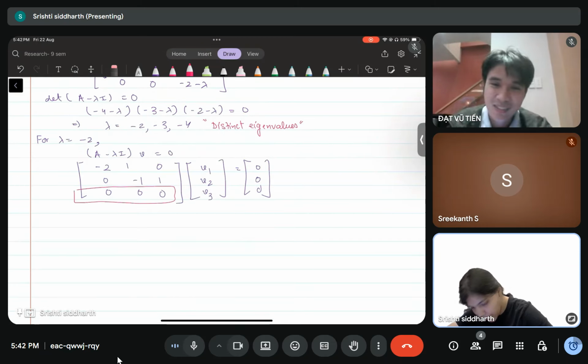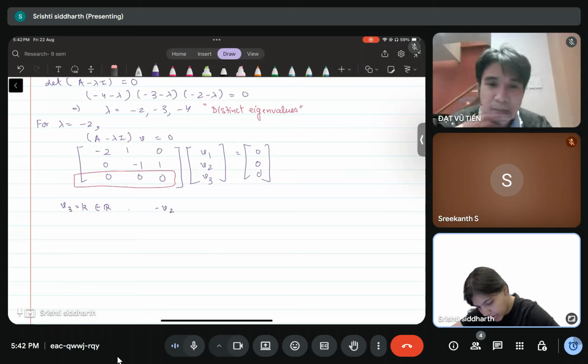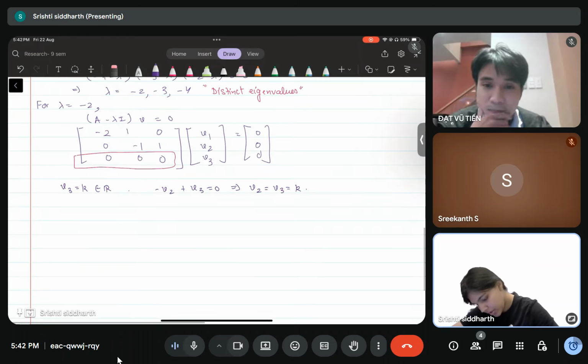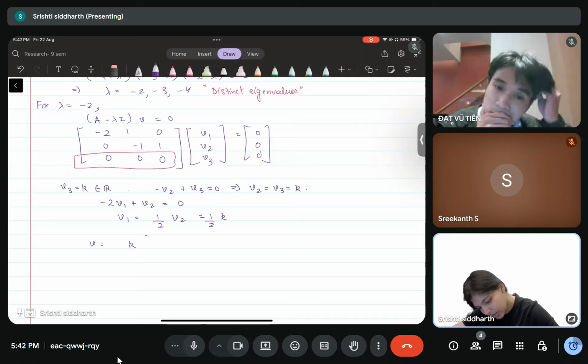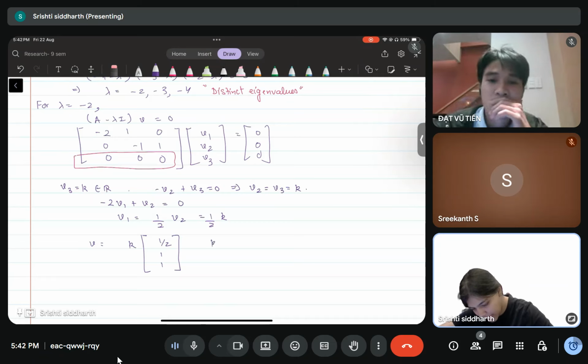That means we cannot determine v3 independently. So v3 is, let's say, some scalar k. Minus v2 plus v3 equals 0, which just implies that this is also some scalar. And then from the first equation, we have minus 2v1 plus v2 equals 0. So the eigenvector looks like k times half, 1, 1. So we just usually take k equals 1, and in that case v is half, 1, 1.